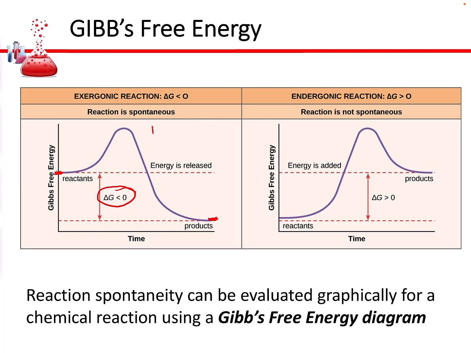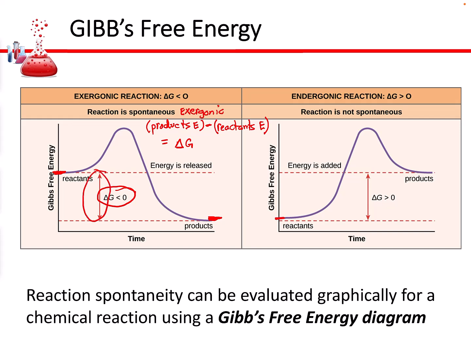So here we could see that the difference between the reactants and the products is going to be below 0. We take the products minus the reactants, and this is equal to our delta G, or our change in free energy. So here, if we see that the products have a lower free energy than the reactants, our delta G value will be less than 0.